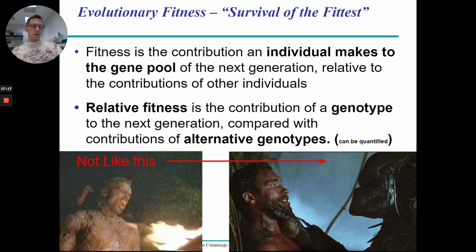So when we talk about survival of the fittest, it doesn't mean, like this is from the movie Predator from when I was young, so I don't know how many of you have even seen this. It's not like you're in a fight to the death with some alien, fighting for your life. It's more this relative reproductive success that Darwin talked about.